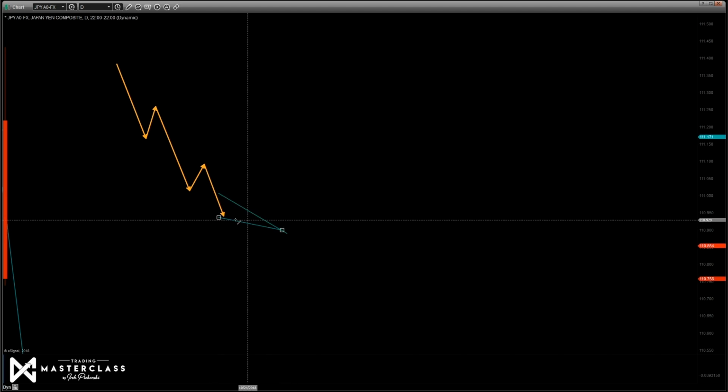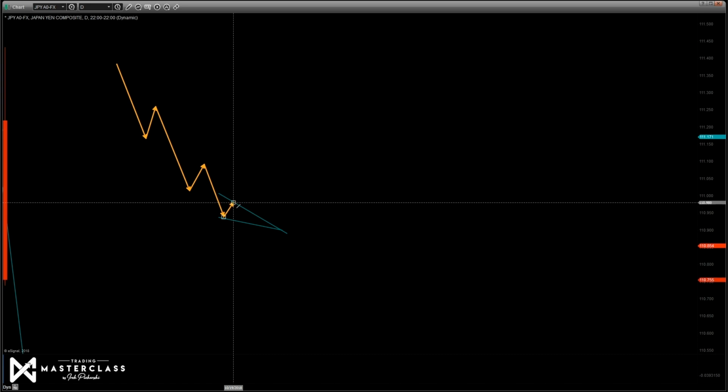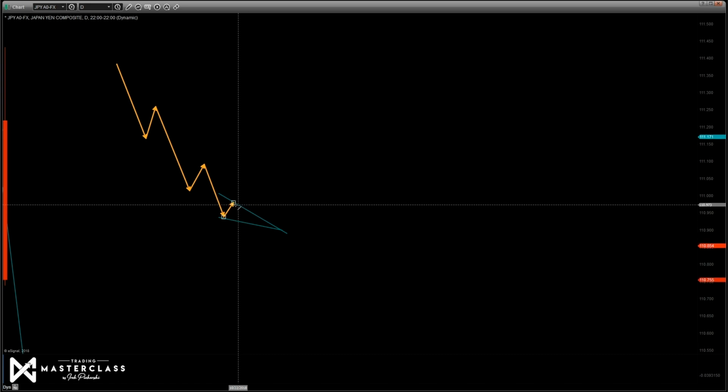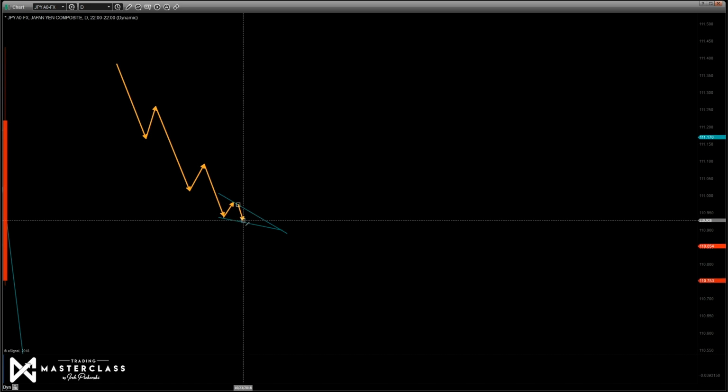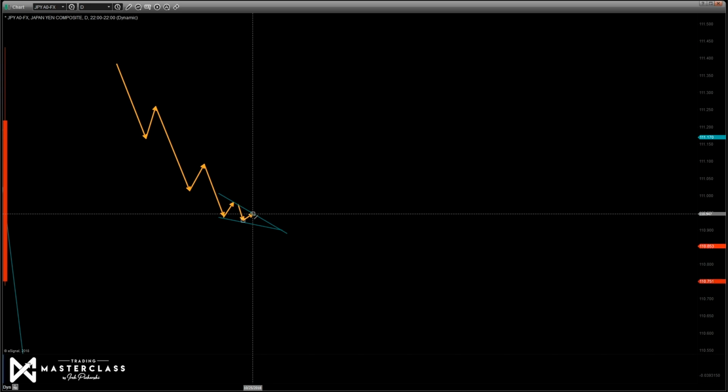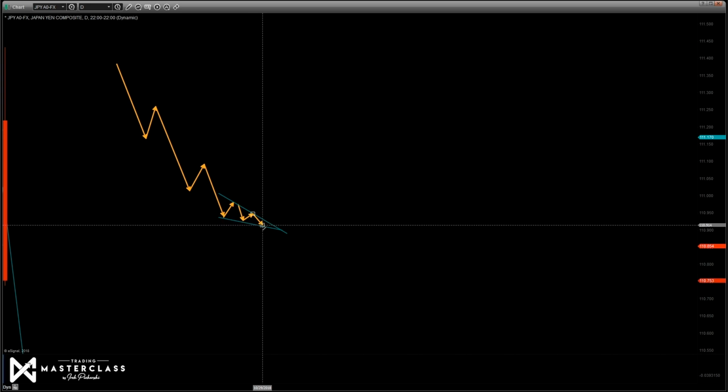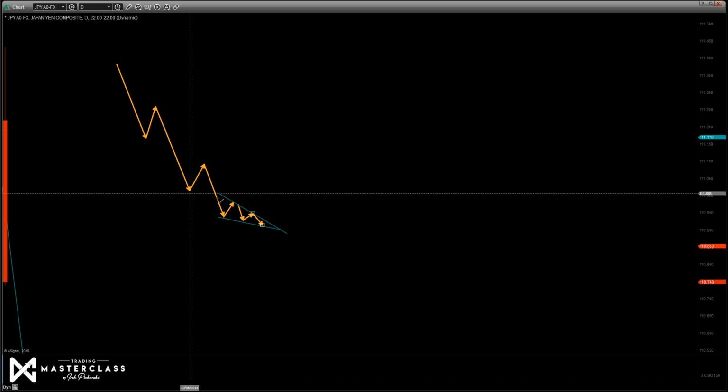And this will probably create dojis on a higher time frame, something like that.